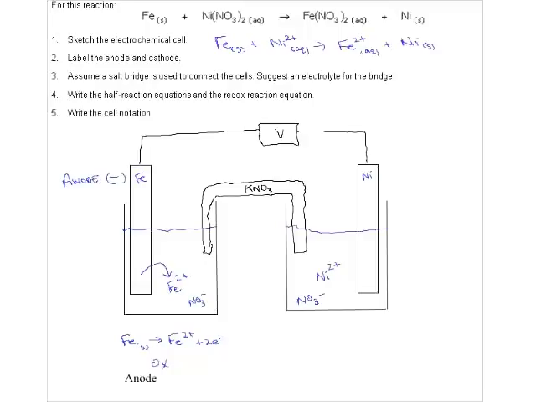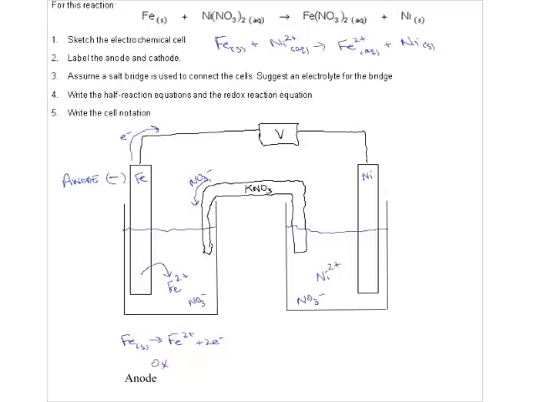Electrons are being produced here. As the electrons are being produced, the iron concentration is going up and up. So what's going to have to happen here is the anions are going to flow to the anode. So in this case, the nitrate ions are going to be pulled in that direction, anions to the anode.